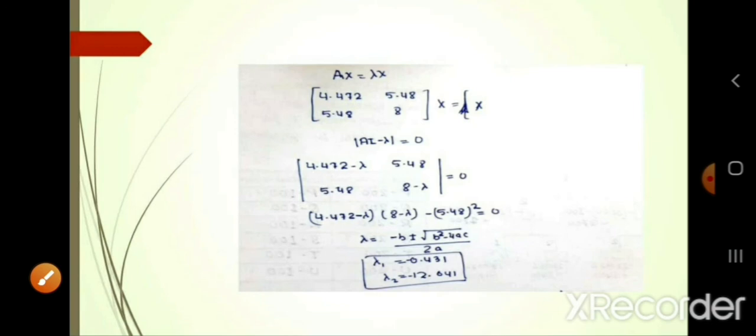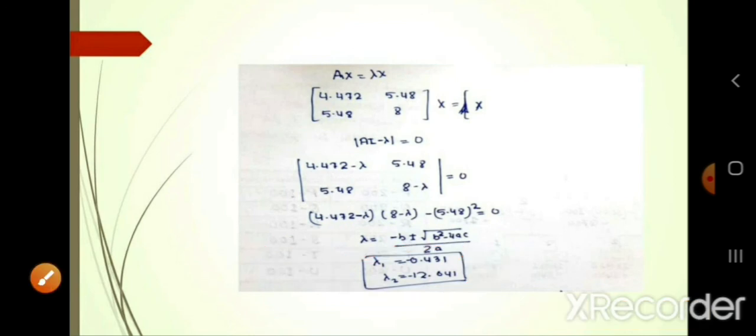This will give us this matrix, equal to 0. By solving this by cross multiplication, as a quadratic equation, we can get the values of lambda.